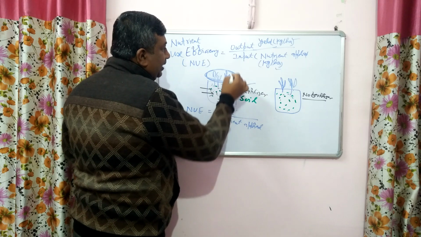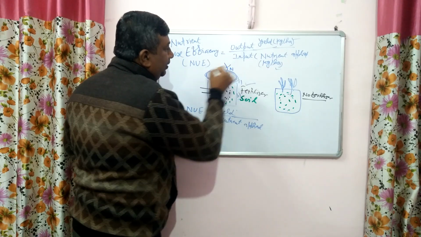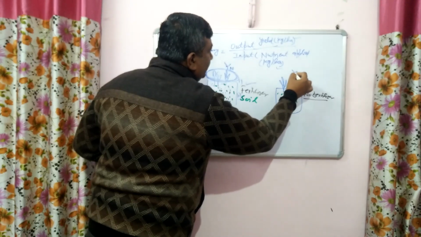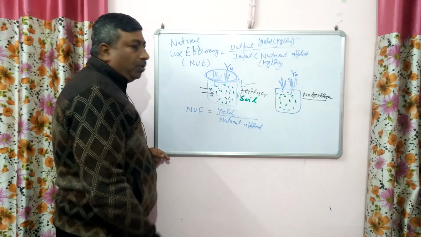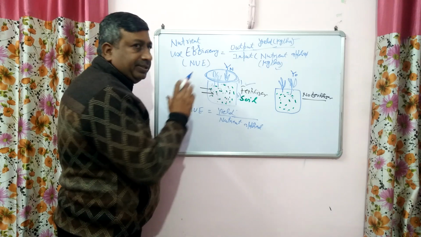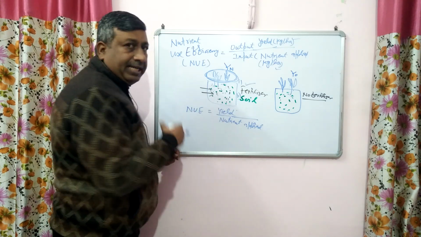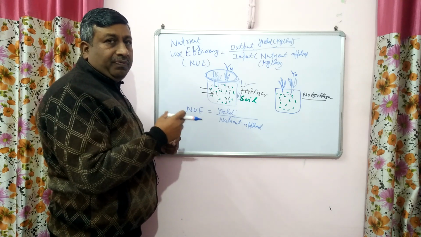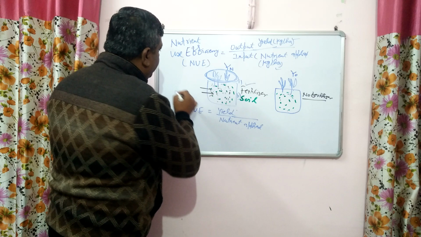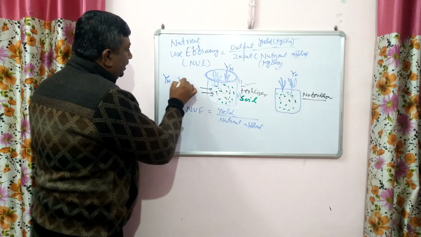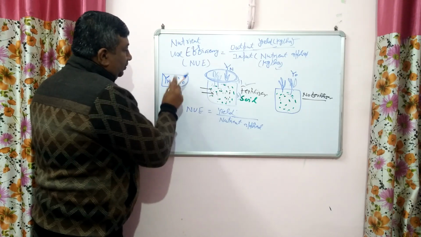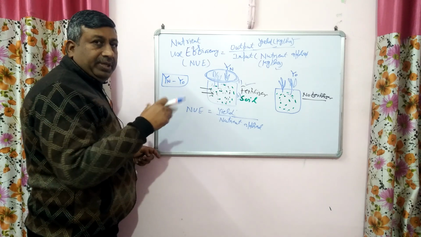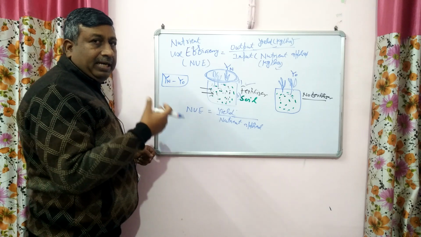Now the yield in one case is with fertilizer and in the other case without fertilizer. We can abbreviate the yield as YN for the nutrient applied, and Y0 for without fertilizer. Then we take the difference, YN minus Y0, and this difference will be the approximate yield by fertilizer.